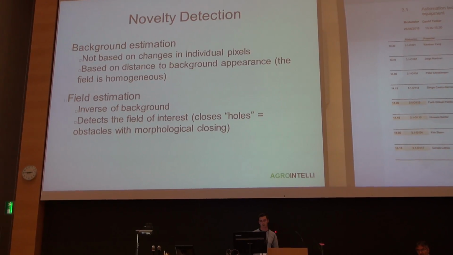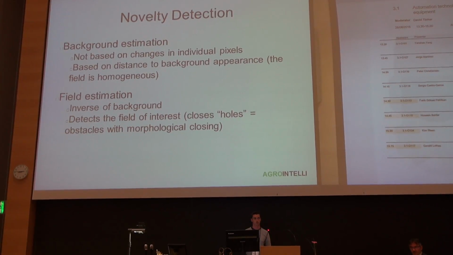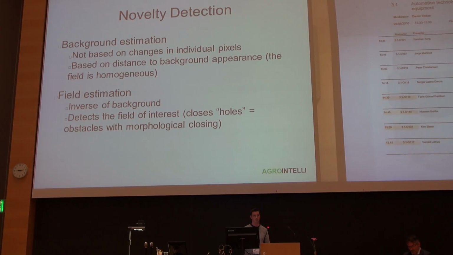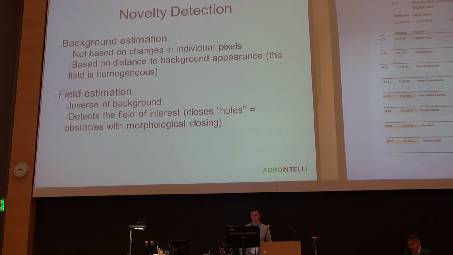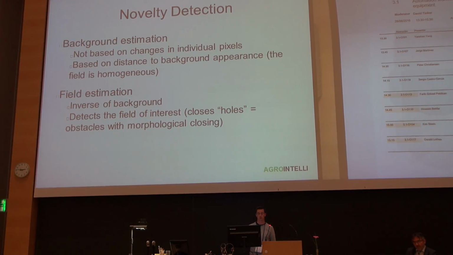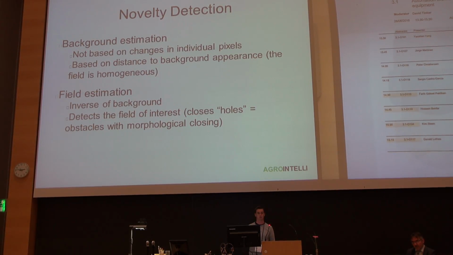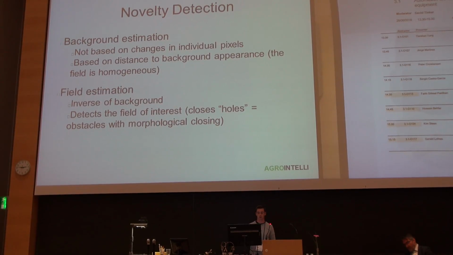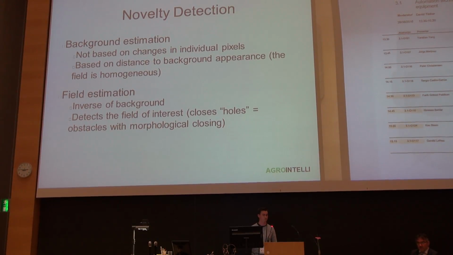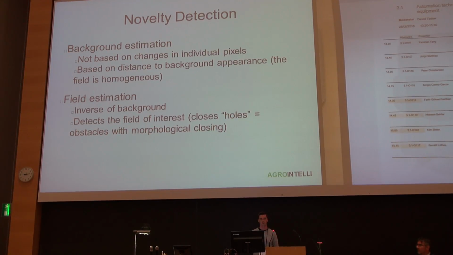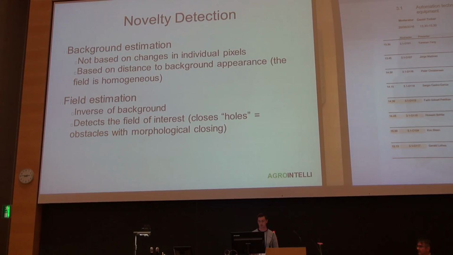But we can still treat individual pixels and calculate the distance of that individual pixel to the background model. So the distance to the background model is what gives us what's novel. The reason we can do that is that we see the field as one homogeneous appearance, so it doesn't really change much apart from what's not supposed to be there.